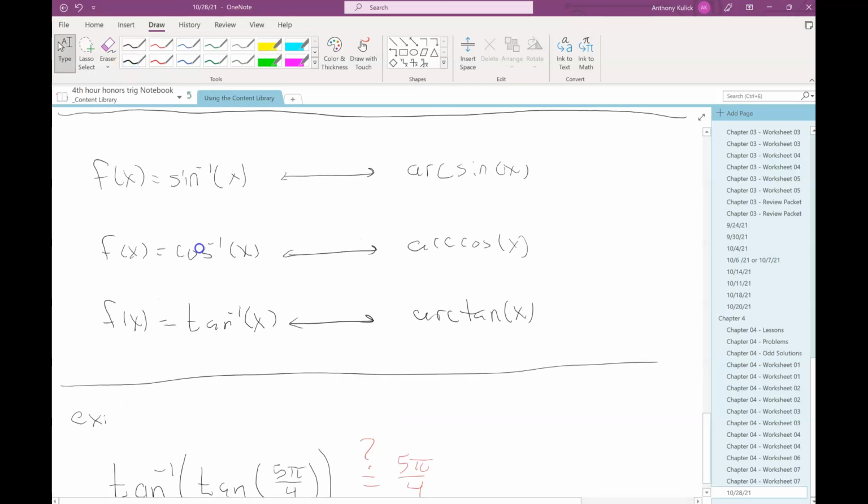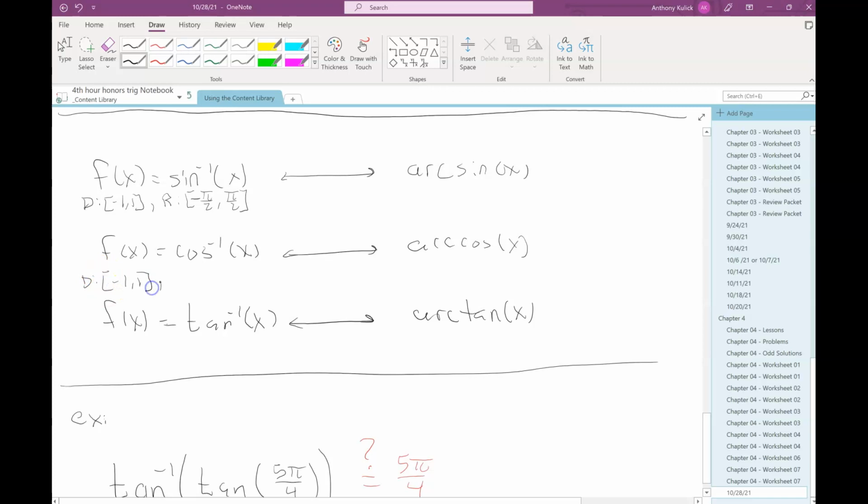So remember, for these inverse functions, they have specific domains and ranges. For sine, the domain is -1 to +1, and the range is -pi over 2 to positive pi over 2.